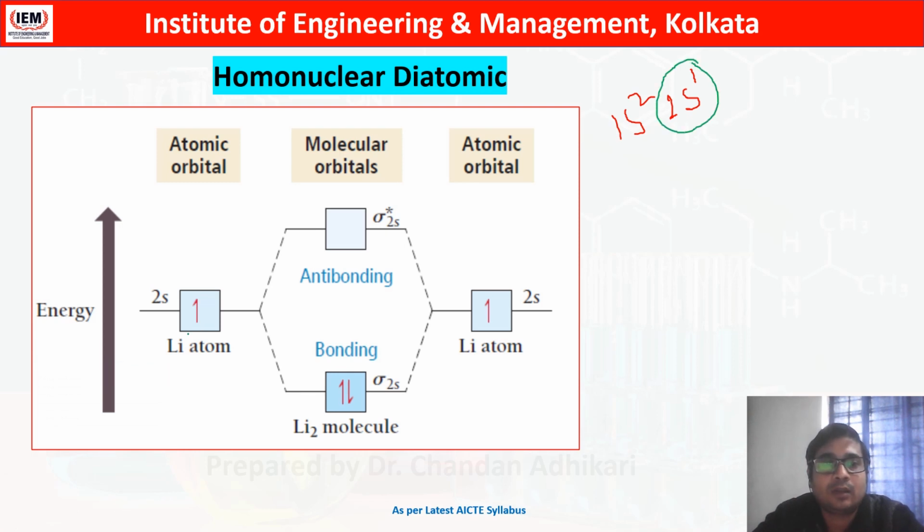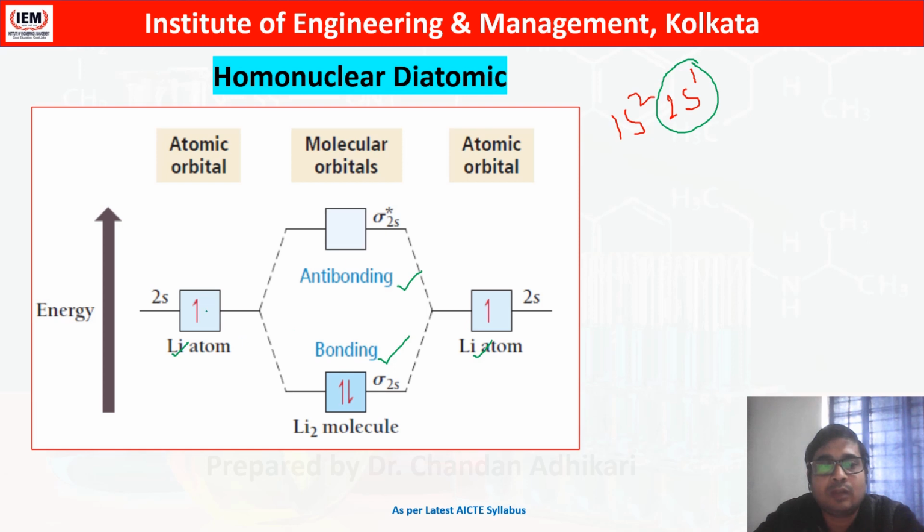So the 2s atomic orbital of this lithium and the 2s atomic orbital of this lithium will combine and form two molecular orbitals. Out of the two molecular orbitals, one will be a bonding molecular orbital, another will be an anti-bonding molecular orbital, and the electrons will be filled as per Hund's rule, following Pauli's exclusion principle, all the above principles.